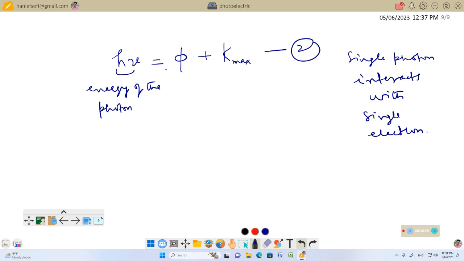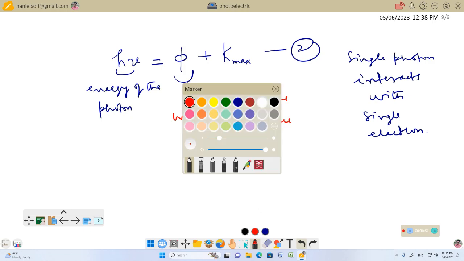Now, part of the energy, this one, phi, we call it work function of the emitting surface.